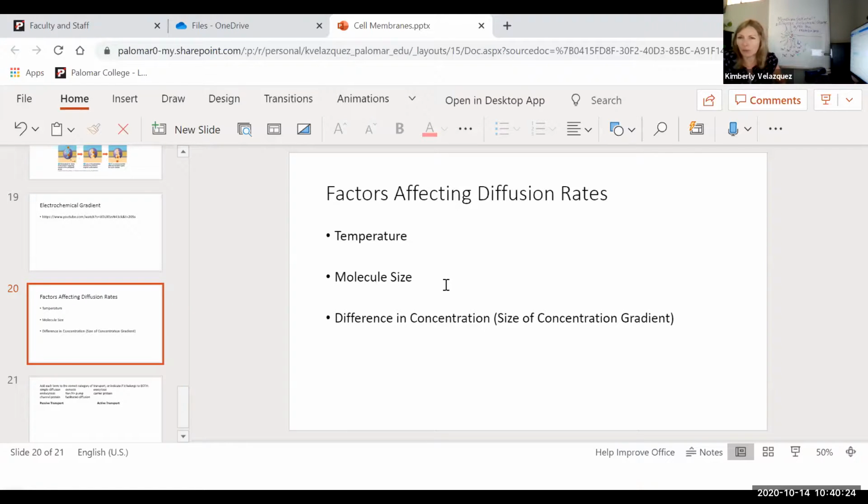So 3 things really affect the rate at which diffusion takes place. One of those is temperature. If we were in lab, we would be doing a really specific experiment on how temperature affects diffusion rate. But the idea is, as temperature increases, the kinetic energy of those molecules increases. They move around more.